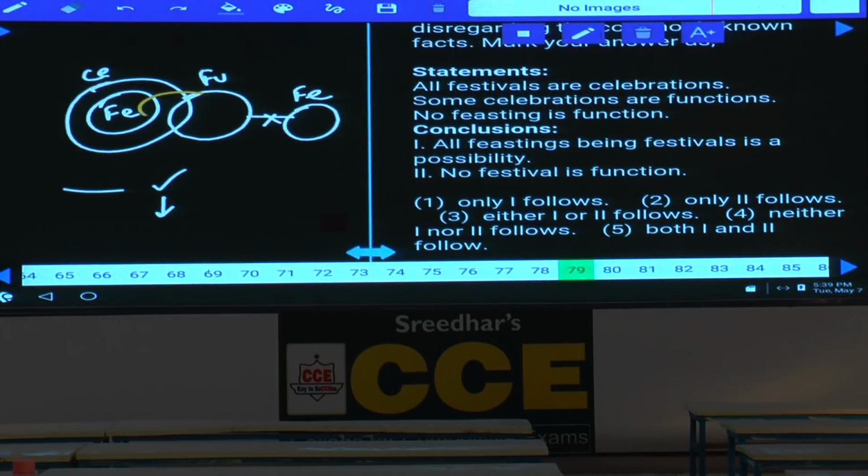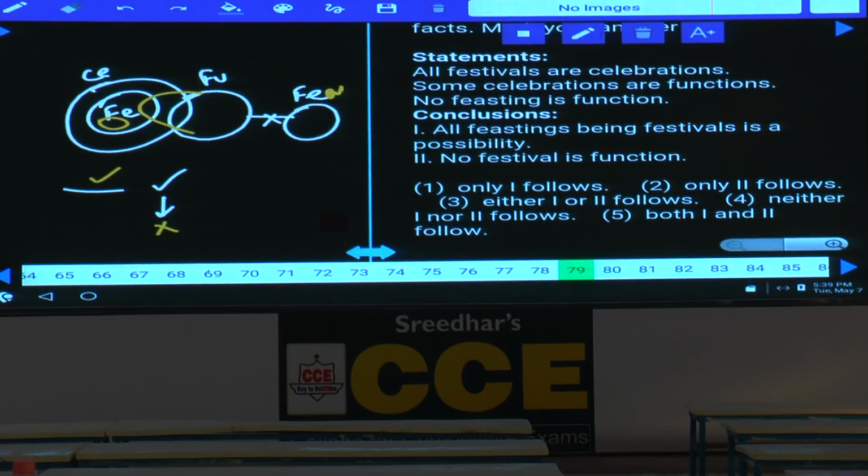To make this one false, we have to draw this diagram, some festivals are functions. Alternate diagram proven, previous conclusion will be false. Then coming to the first one, all feasting being festivals. Is feasting being festivals possible or not? Tell me whether we can write feasting like this or not. Yes, hence it is possible. What is your answer? Only 1, choice 1.